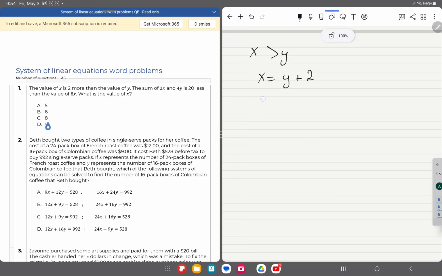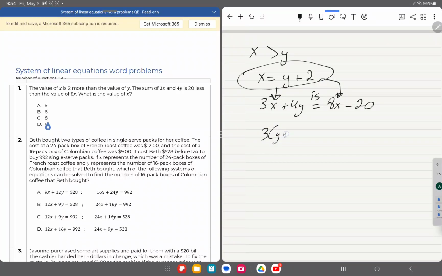Then they're telling us the sum of 3x and 4y is equal to 20 less than the value of 8x. So I'm going to substitute this equation here and here. 3 times (y plus 2) plus 4y is equal to 8 times (y plus 2) minus 20.